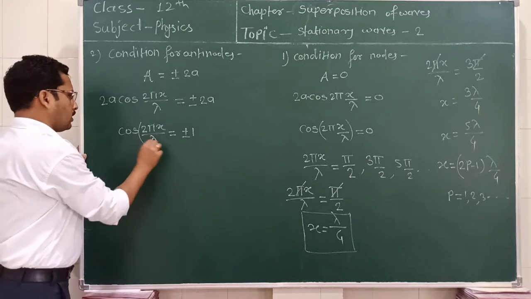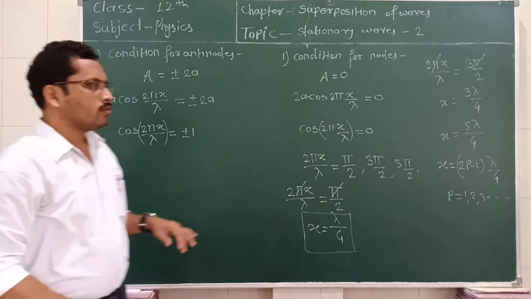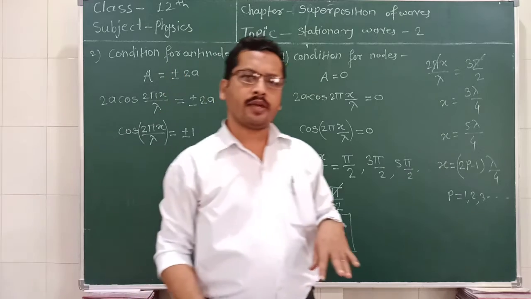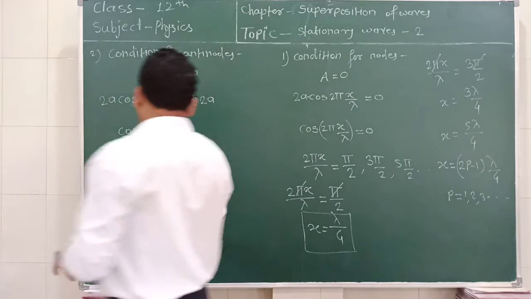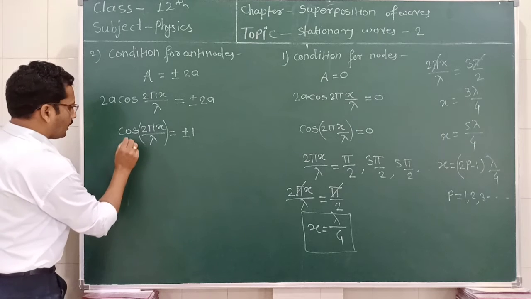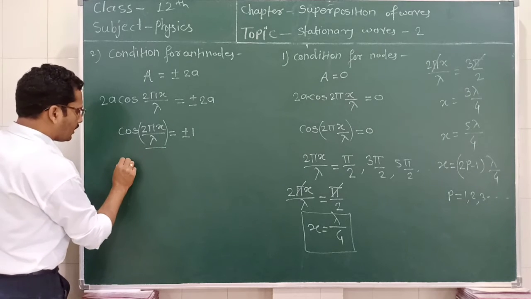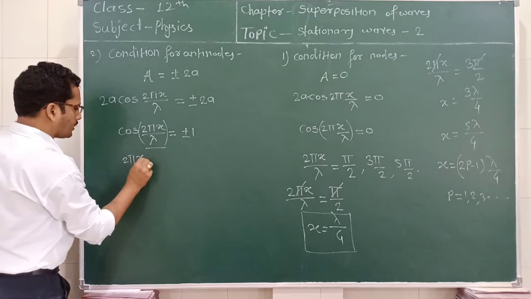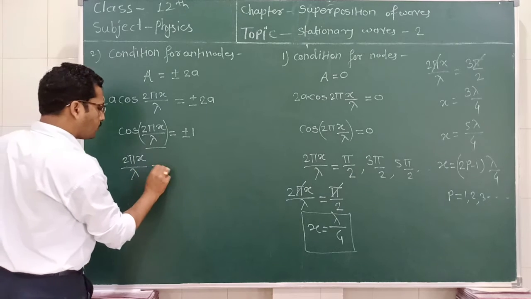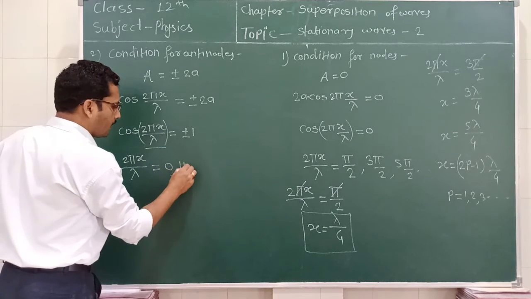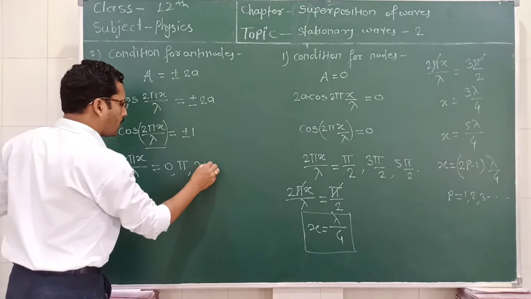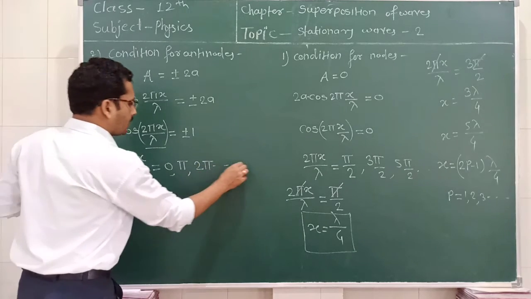Okay. Now cosine of what angle is equal to plus 1 or minus 1? So this angle 2 pi x upon lambda must be equal to either 0, pi, 2 pi, like that.